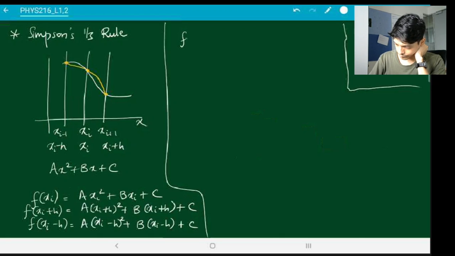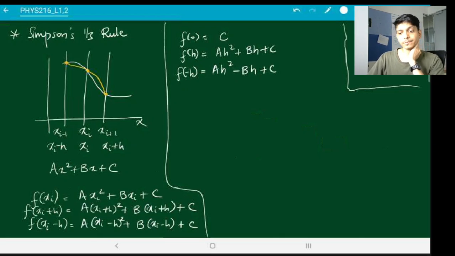So f of 0 is just c, f of h is just ah square plus bh plus c, and f of minus h is ah square minus bh plus c. Now these are 3 equations in 3 unknowns, a, b, c. You can evaluate what a, b and c should be. I will just write down the answer since I have it ready over here.